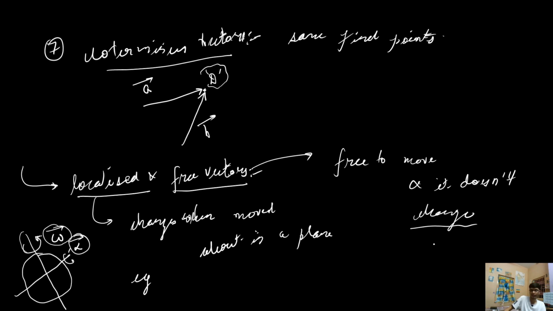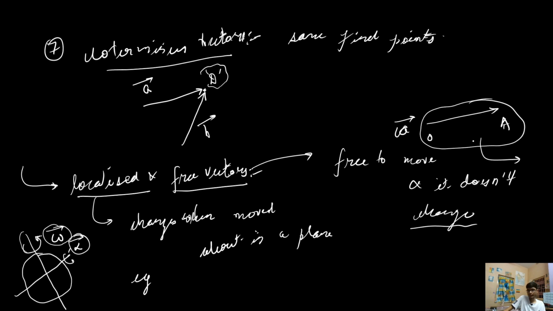And similarly free vectors: in mathematics we mostly talk about free vectors only. For example, a vector represented by the arrow OA can be moved about in any plane, and the value of this vector doesn't change. That means the magnitude of the vector doesn't change along any direction.